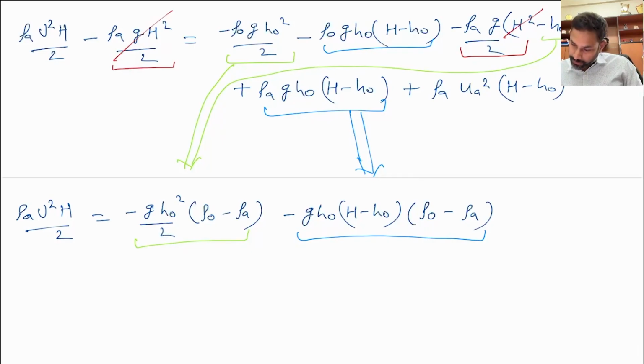Okay, and finally we have the last one, that is rho A, UA square (H minus H naught).